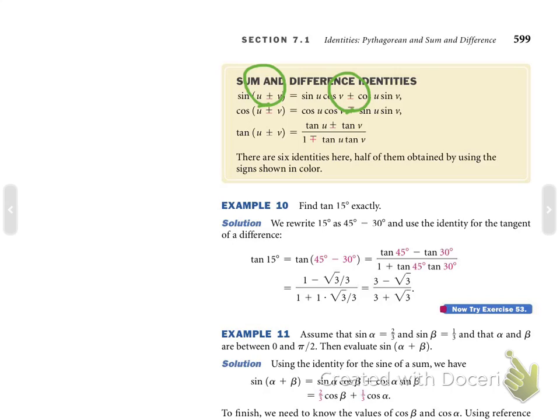The one that's down here, the one that has cosine on it, has a plus on the top, which means that the formula that goes with the addition actually has a subtraction in it.